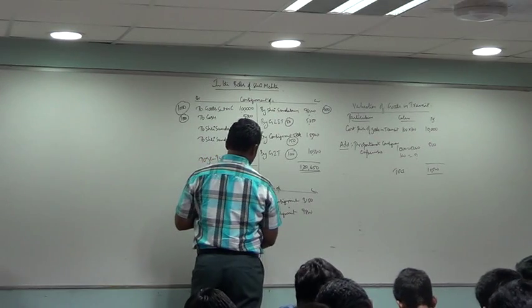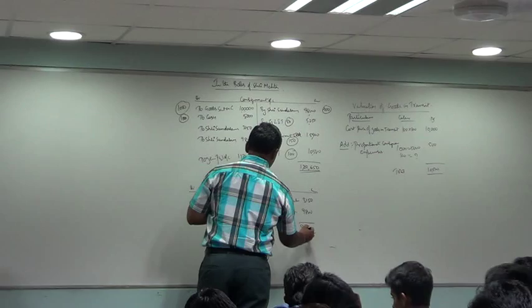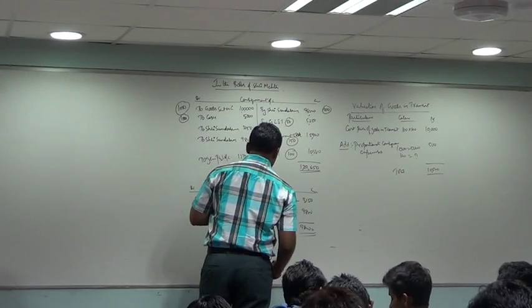Now Sri Sundaram account: 98,000 minus these amounts, and tell me how much is the balance left.